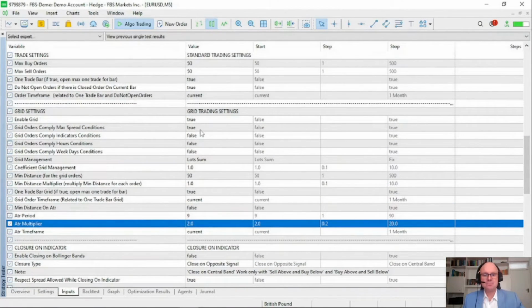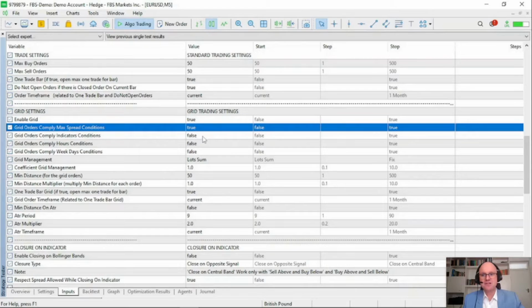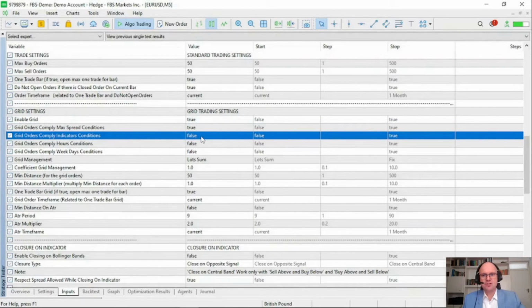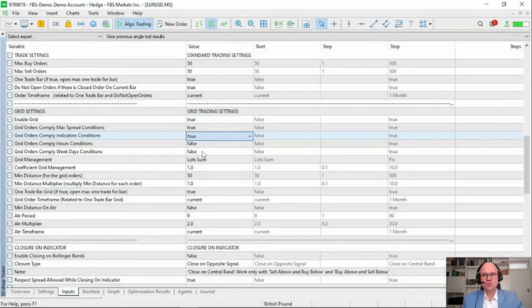Now, the default strategy buys on the outside and sells on the outside of the Bollinger Bands. So the first thing that I'm going to do is make all grid orders comply with this indicator strategy. Then on top of this, you can also customize your grid to comply with market hours condition and the weekday condition if you only want to trade specific days of the week.